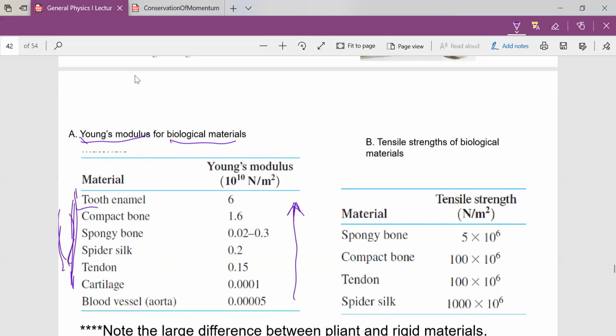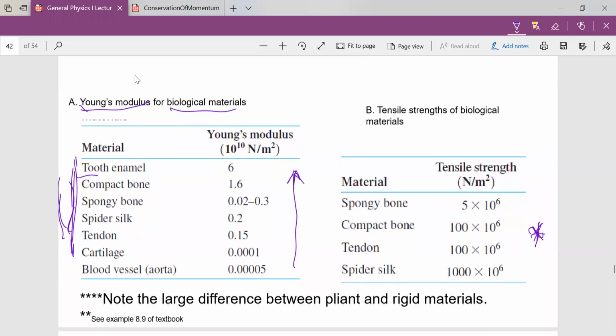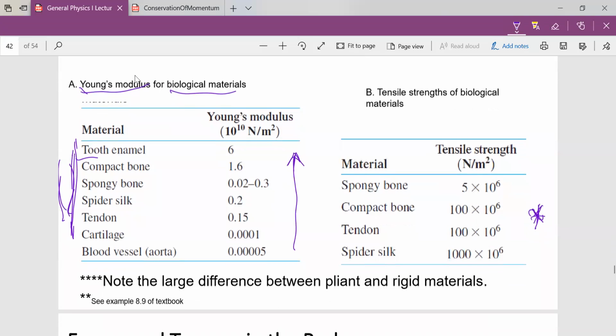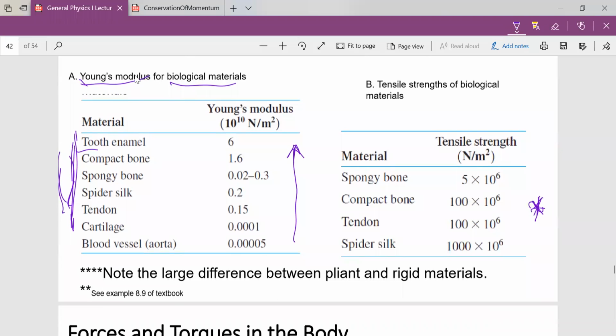So we also see the comparison of the tensile strength of such materials. Remember, tensile strength is that description of the stress at its ultimate level. That is the point of breaking. So whenever you see tensile strength, it means that value beyond which this object is going to be permanently deformed.